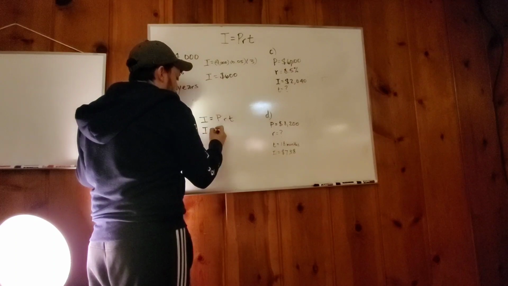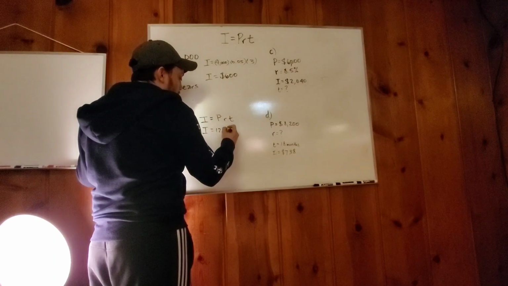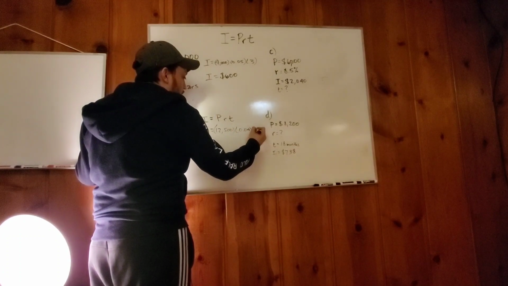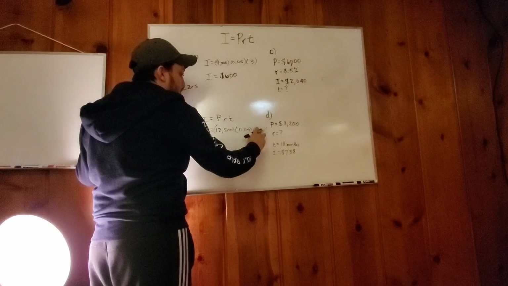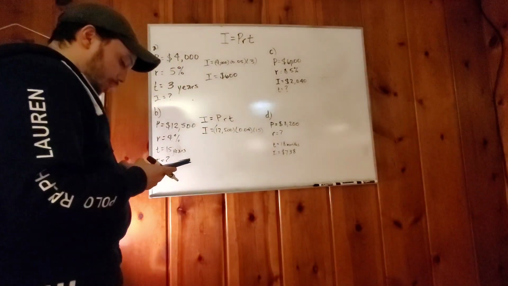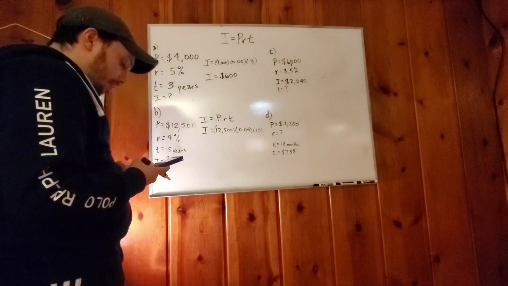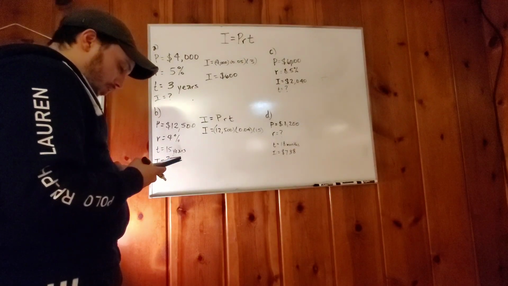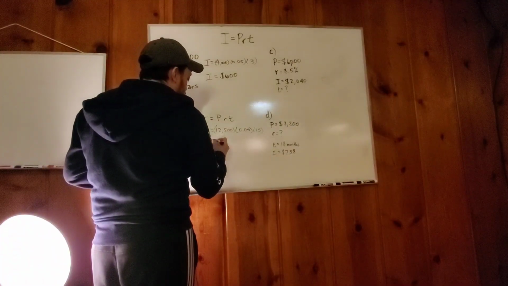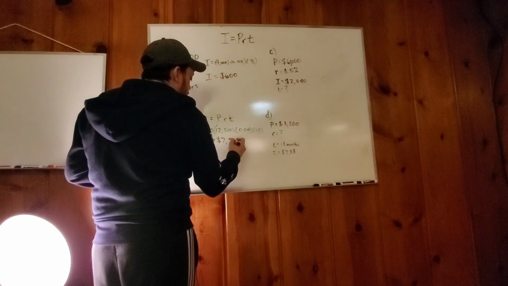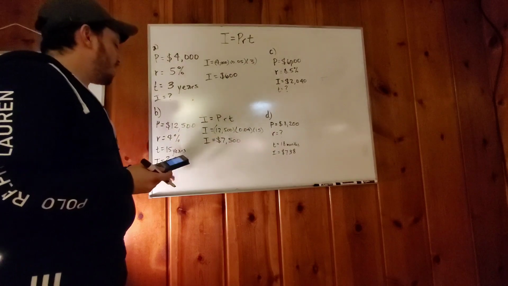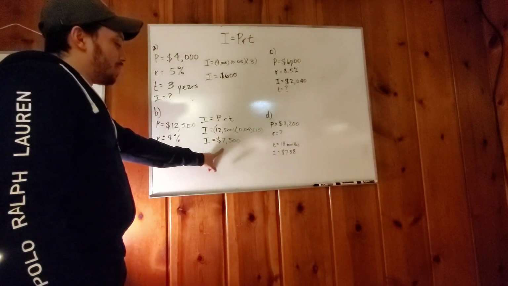So the interest amount would be 12,500 times 0.04 times 15. Now we're going to multiply. 12,500 times 0.04 times 15 equals $7,500. A little bit more than half, but it took 15 years to get to a little bit more than half.